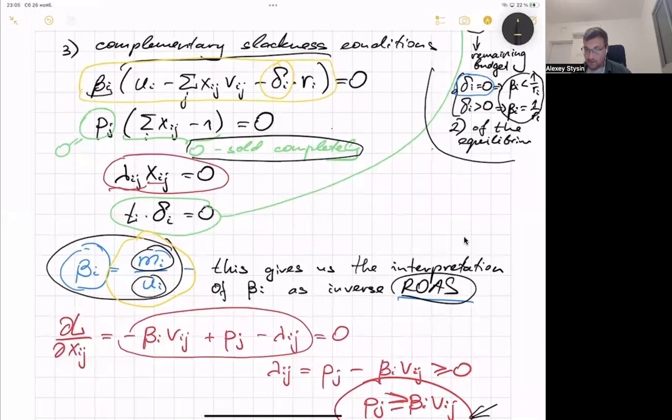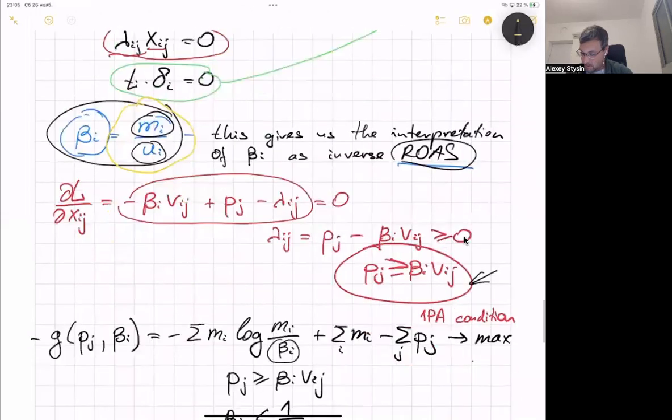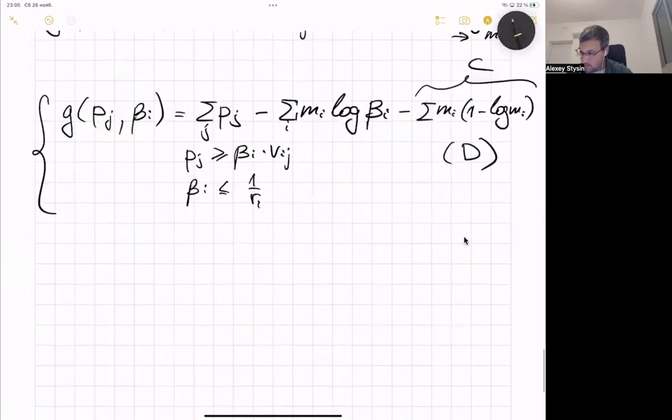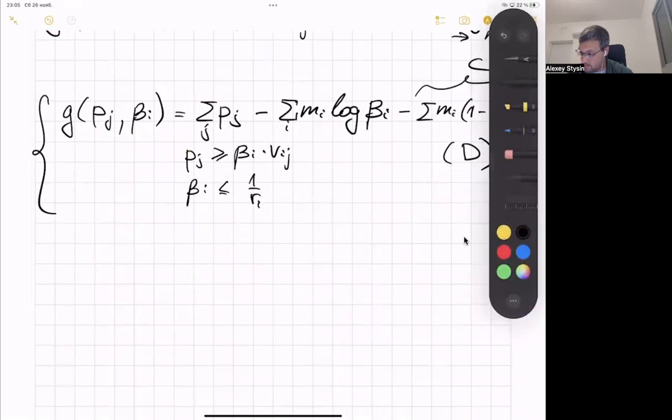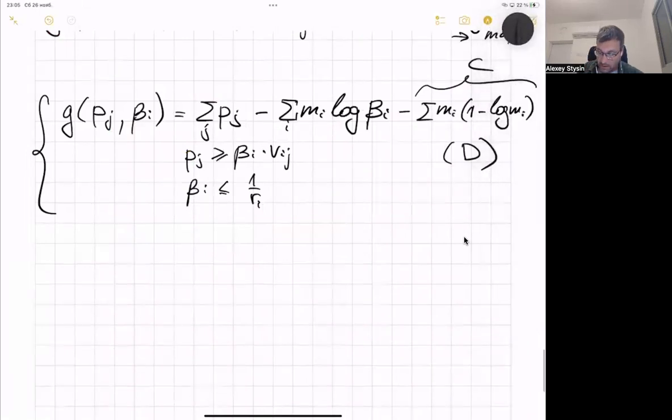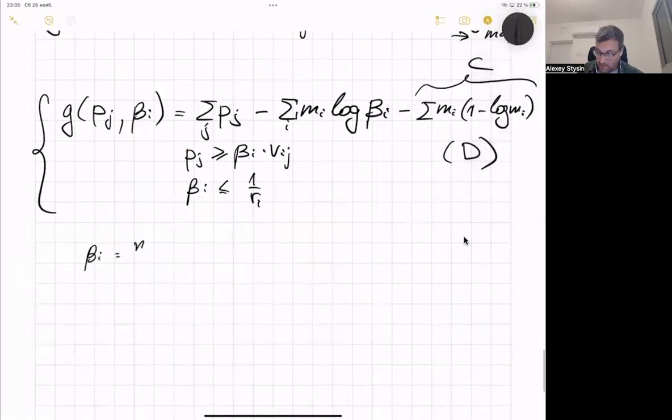We could say the following. We have that dbi equals mi over ui. So we can also say that bi times ui is equal to the budget.